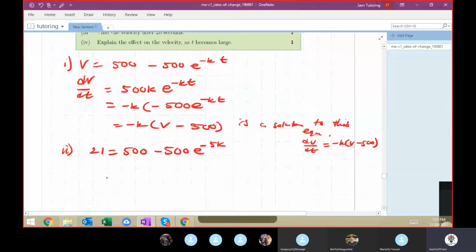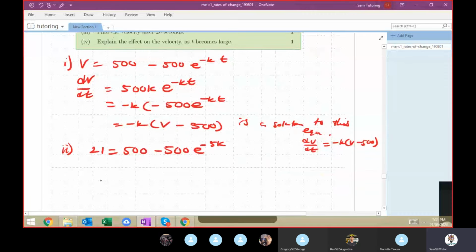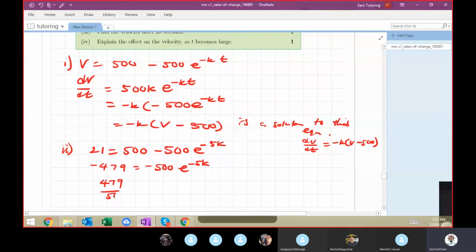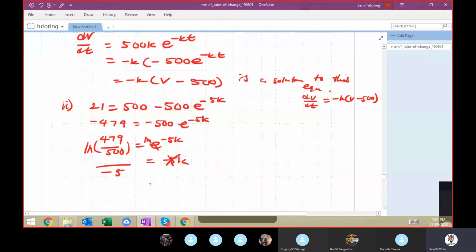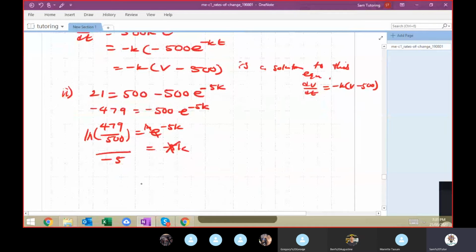21 take away 500 is negative 479. Divide by negative 500. Log both sides. Then you divide by negative 5. So log 479 over 500.